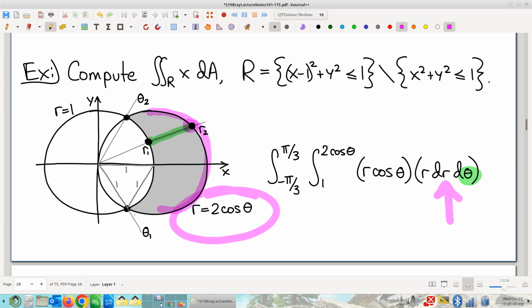Well, this curve is the boundary of this disk. That disk, we already have this algebra. And the boundary of this disk is going to be where you have an equal sign here. How do we convert a rectangular equation into a polar equation? We consult chapter 1. Basically, it's a matter of plugging in and doing a little algebra.